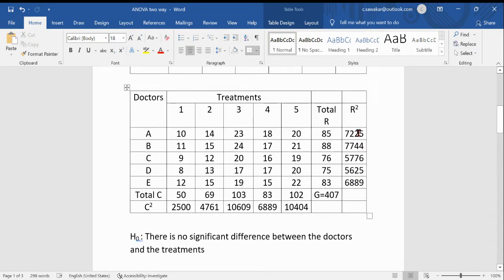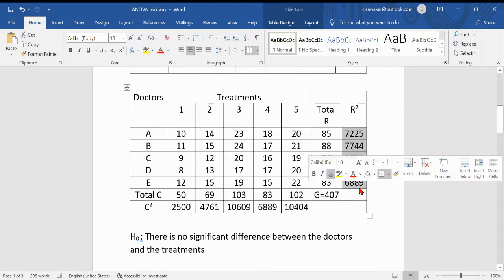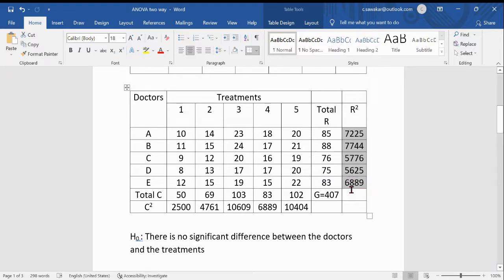It will be 7225 plus 7744 plus 5776 and so on, all of this column added and divided by the number of observations. How many observations are there in total? 1, 2, 3, 4, 5. That is five rows. So the sum of all these divided by 5 will give me my R square mean.